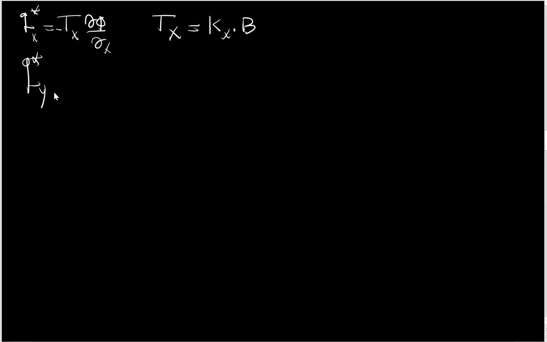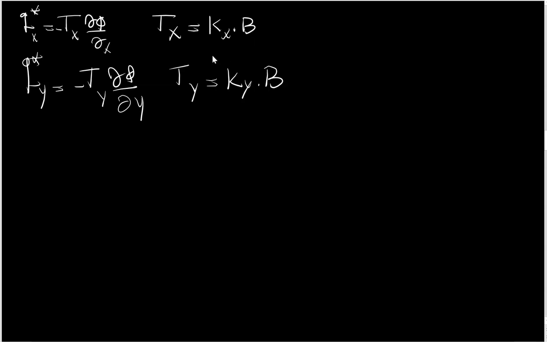So the q star x is negative, don't forget to put the negative, Tx partial phi partial x, and Tx, you know that it's nothing but Kx times b, right? And q star y is negative Ty partial phi partial y, and Ty is Ky times b.